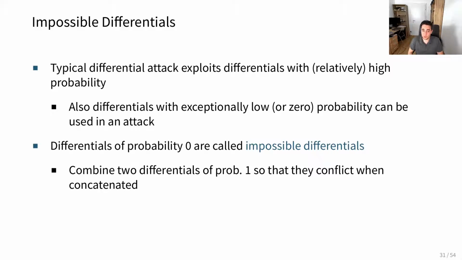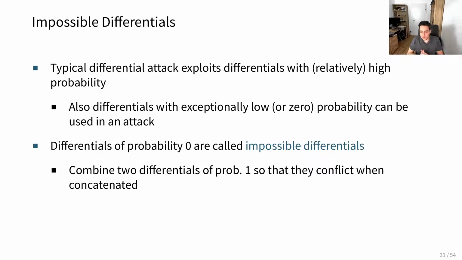So if we have a differential which holds with 0 probability, this can also be exploited in an attack. If we actually have such a differential which has a probability of 0, so this means essentially it cannot occur for this scheme, then this is called an impossible differential.